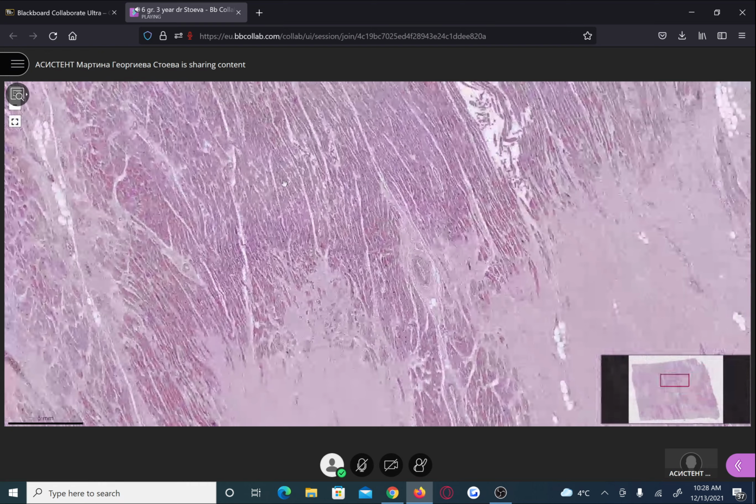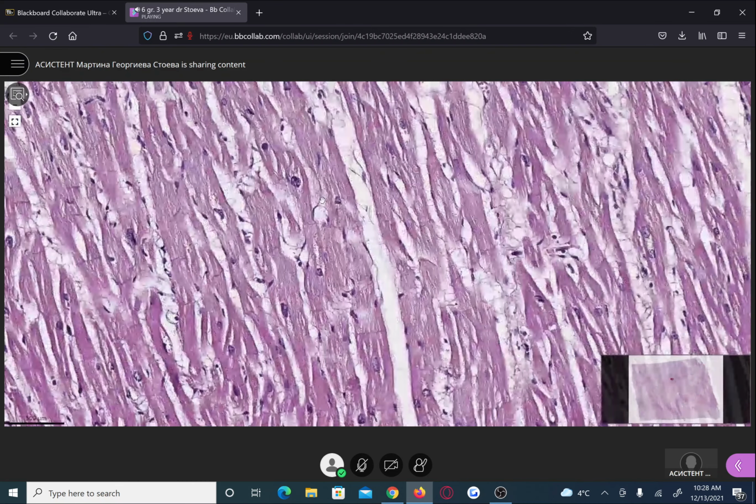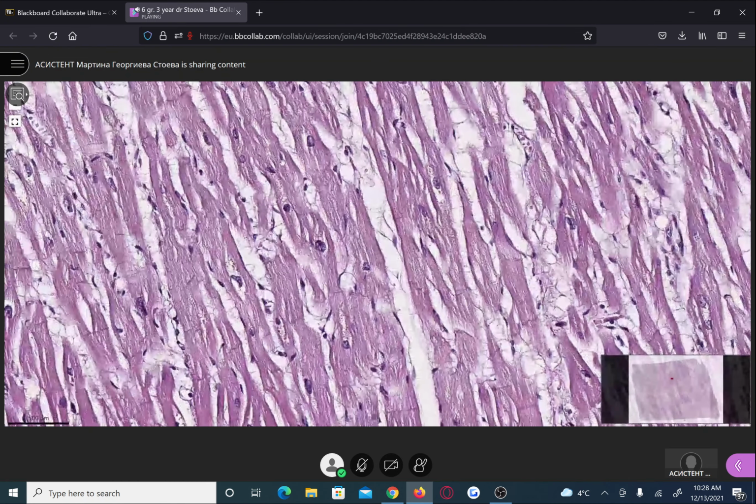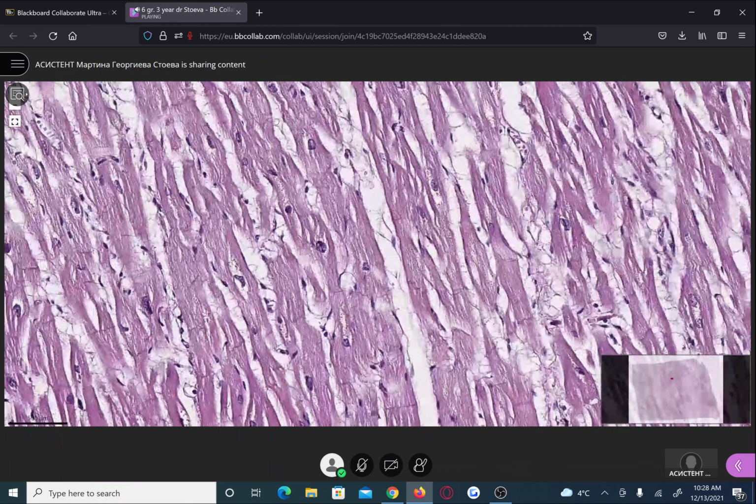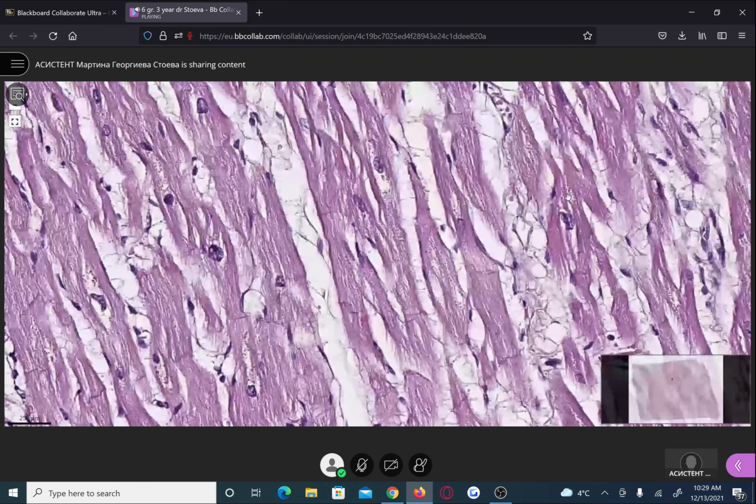So of course, initially we'll zoom in at the darker zones, and here again we can find the same findings. Characteristic for the myocardium, the cardiomyocytes with centrally placed nuclei, the lipofuscin that is perinuclearly located.